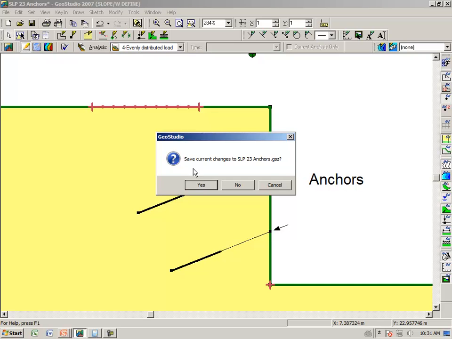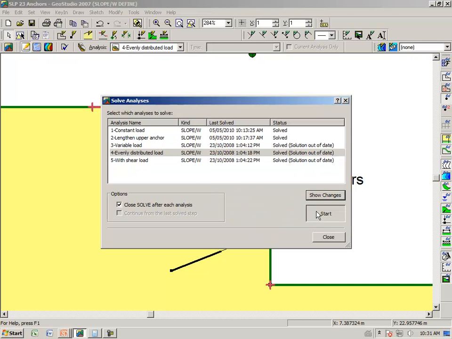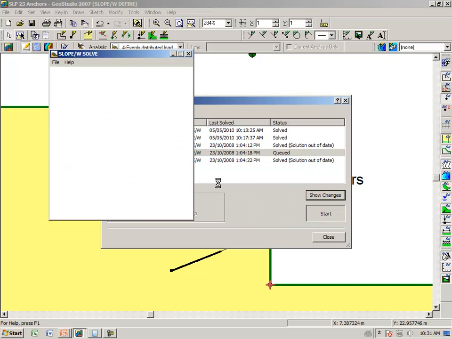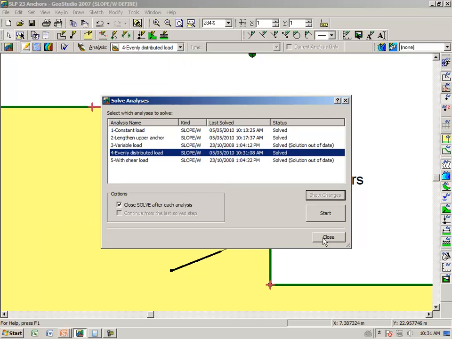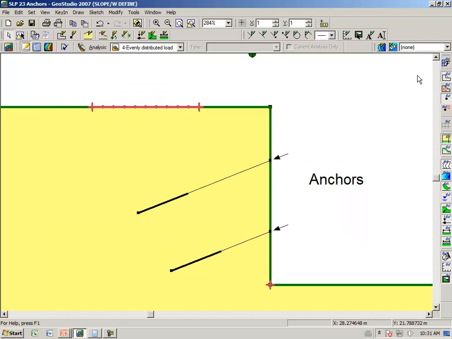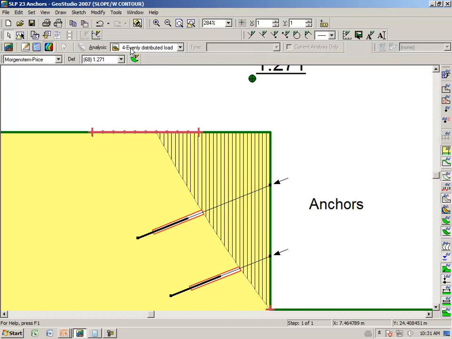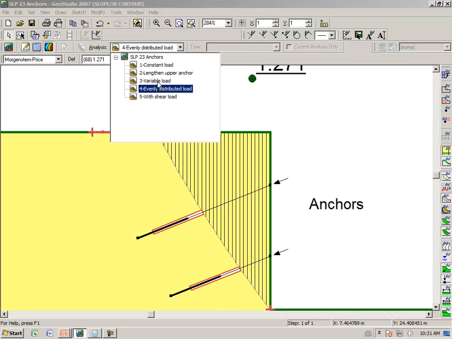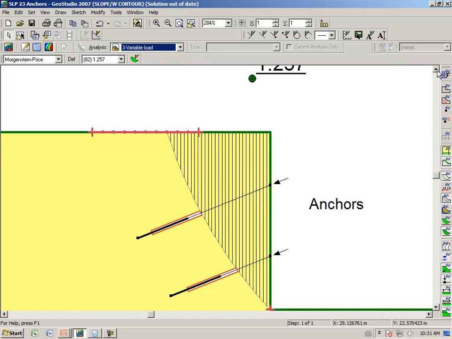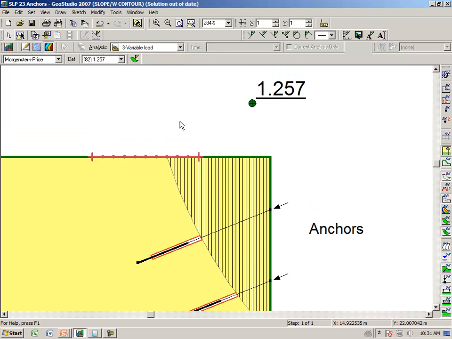We can reanalyze the result and go to the results view. Let's go back to analysis number 3, where we had it all concentrated in one slice.